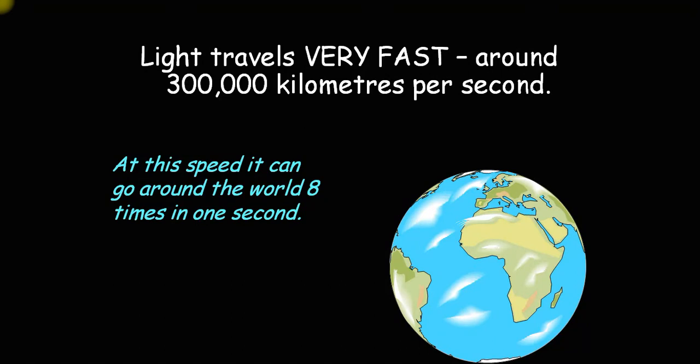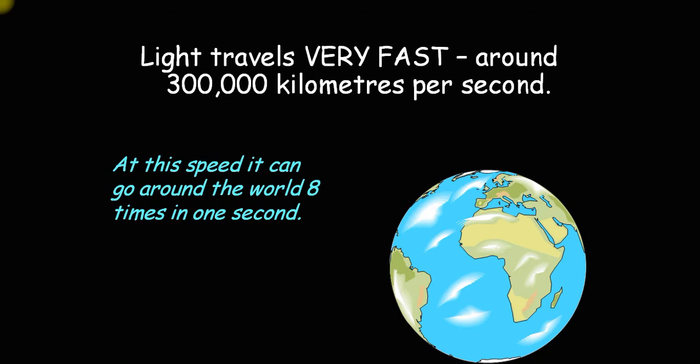Okay? Now let's get some facts about light, white light. Light travels at a very fast speed, which is about 300 kilometers per second. That is to say that at this speed it can go around the world 8 times in 1 second.